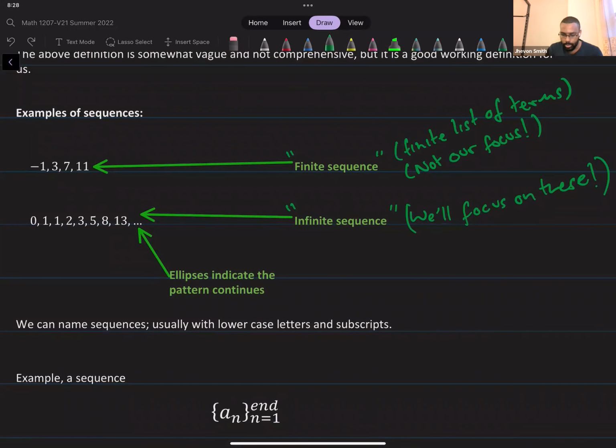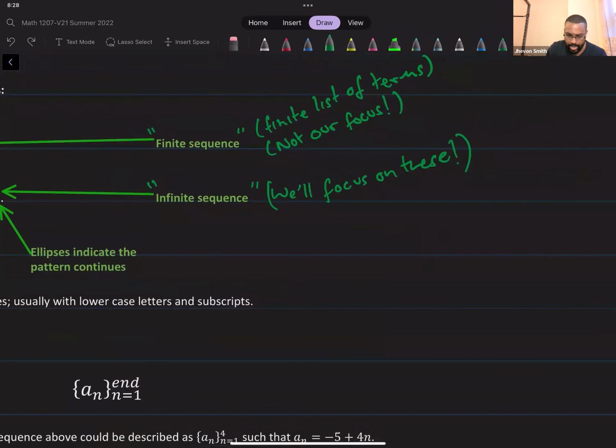For example, for a finite sequence with k terms, I can write that the sequence is called a_n, where n goes from 1 up to k. I can write down this notation, and that would mean this is a sequence described by the letter a with subscript n that goes from 1 to k.